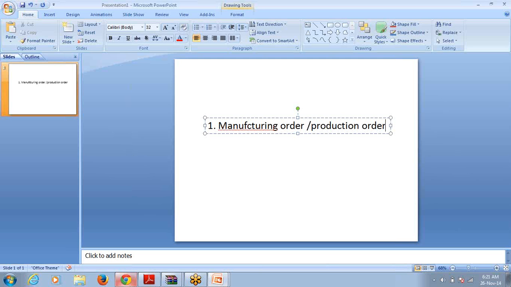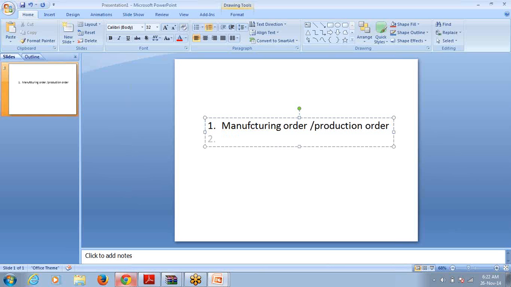This is called a production order. So this production order contains what? The production of 1000 refrigerators. So all the 1000 refrigerators can be taken as one unit for which we can find the cost. I hope it is clear to everybody.